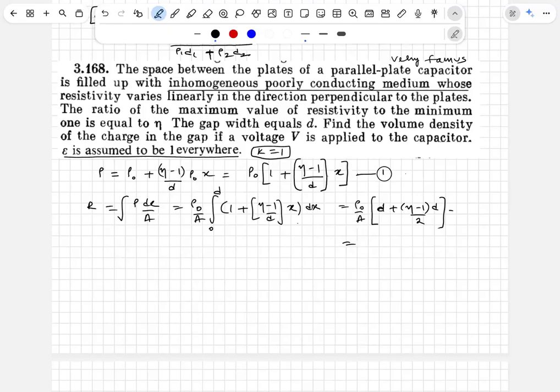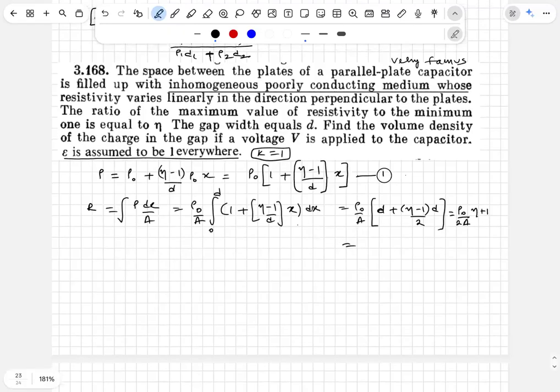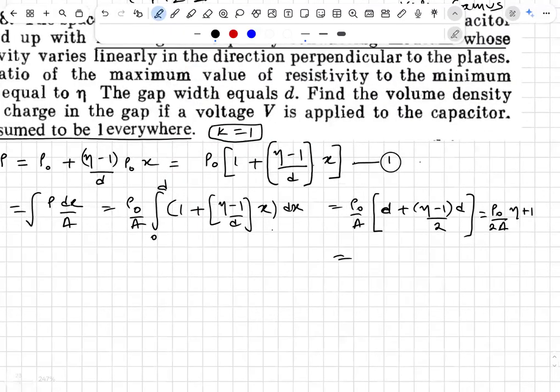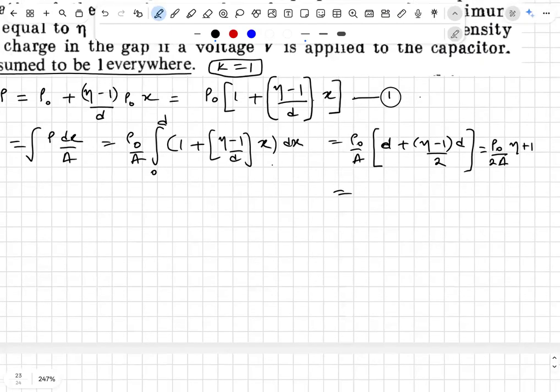We can simplify this further as rho naught by 2a times (eta plus 1). So finally, I'll take d out as common. So rho naught d by 2a times (eta plus 1). I got the resistance.